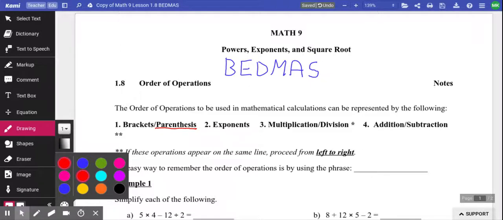What BEDMAS does is it tells us the order in which we should perform mathematical operations. When you're doing PEDMAS, there's a couple that actually partner up, and you can switch them back and forth. So for instance, the A and the S, which stand for addition and subtraction, you can do those in either order. You can do addition first or subtraction first, it doesn't matter.